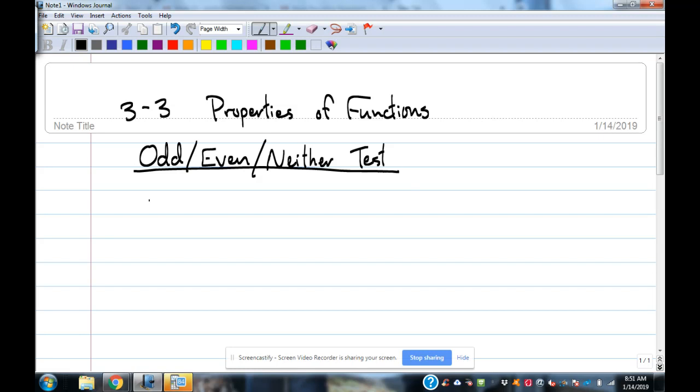So the way that you would do that, there's one test that decides it all, and that test is to find f of negative x. What does that mean?